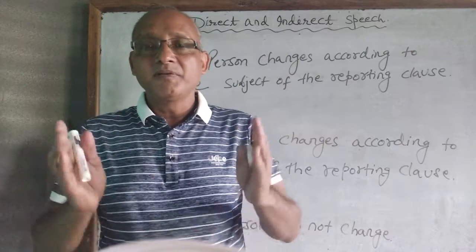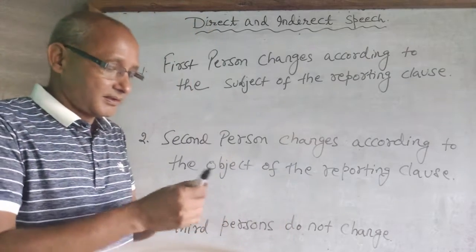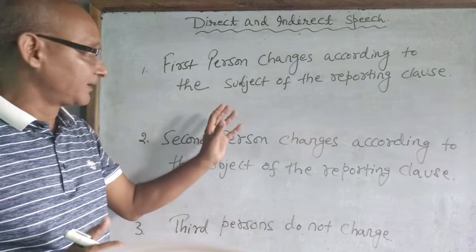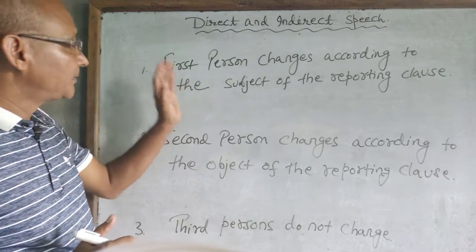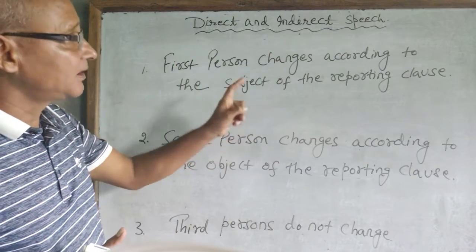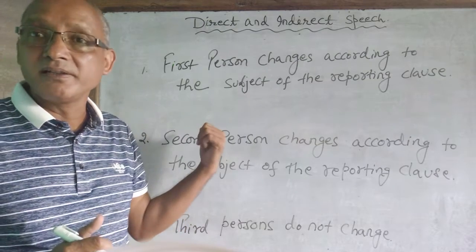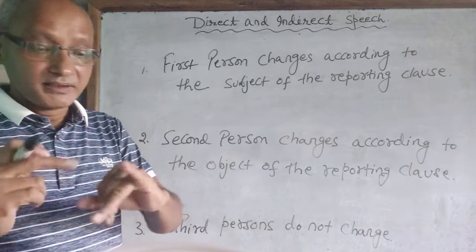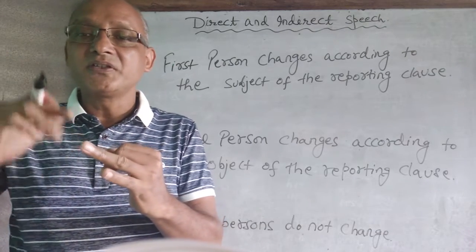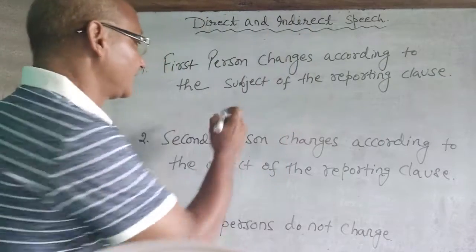So finally, before I close up for today, I'd like to conclude by revising these 3 points. Number 1, first person changes according to the subject of the reporting clause. Like we practiced in our earlier slide with a sentence, there my was the first person and it got changed to his according to the subject he.